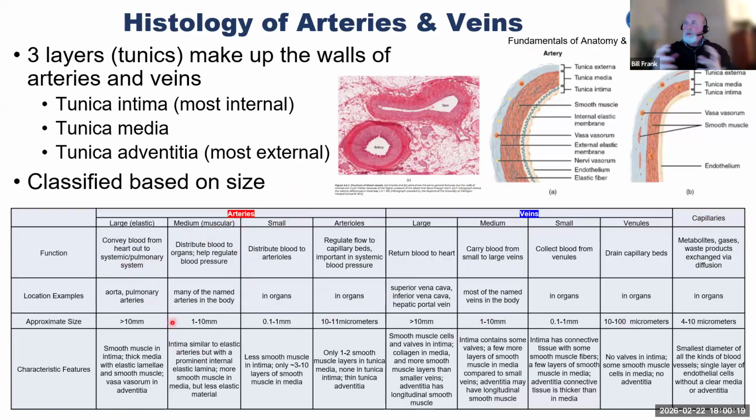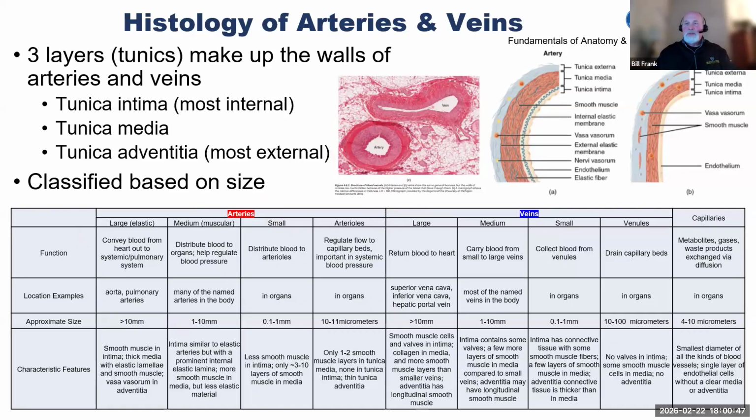I won't go through a whole bunch of this, but I did want to ask, is this considered a large elastic artery or a medium muscular artery? Can anybody tell me? Okay. You are correct, Rashab.